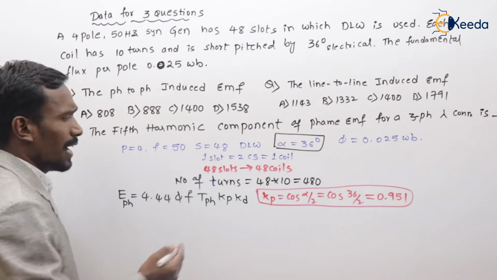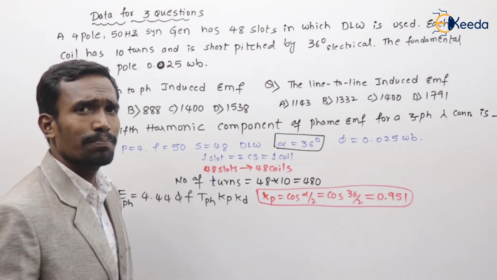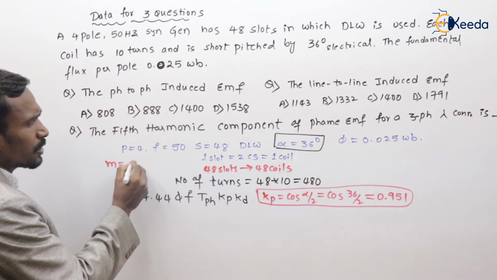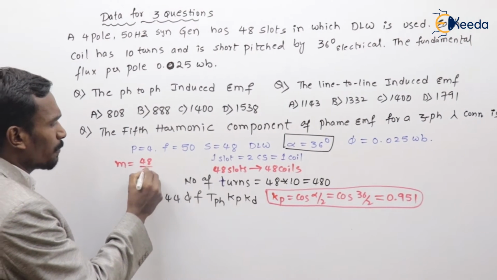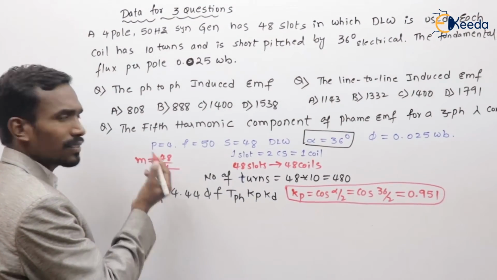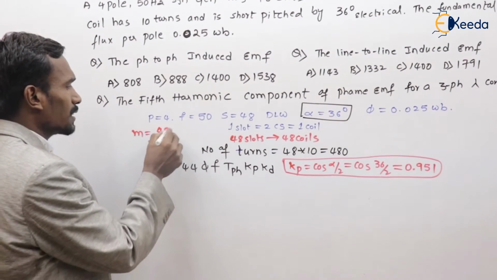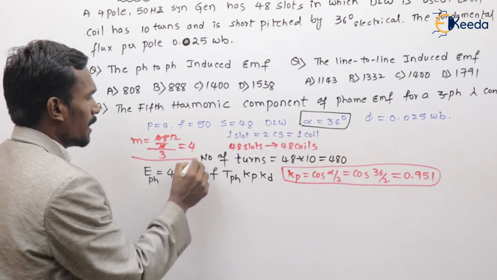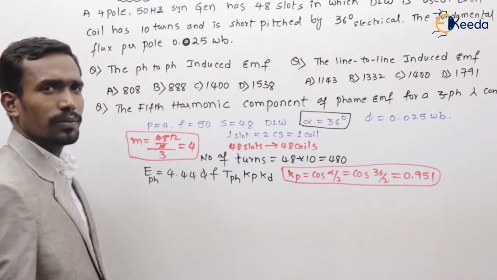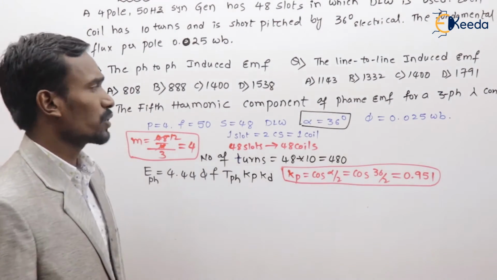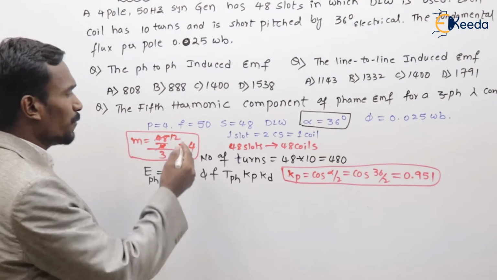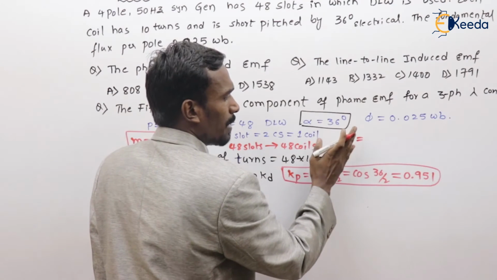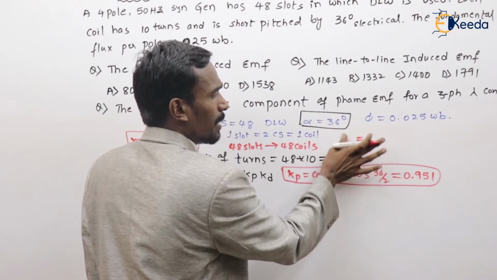Right, now I want Kd. Before Kd, we have to know m and gamma. What is the m value? m is the number of slots per pole per phase: 12 by 3, which is 4. So m is equal to 4. Then we have to find the slot angle gamma.